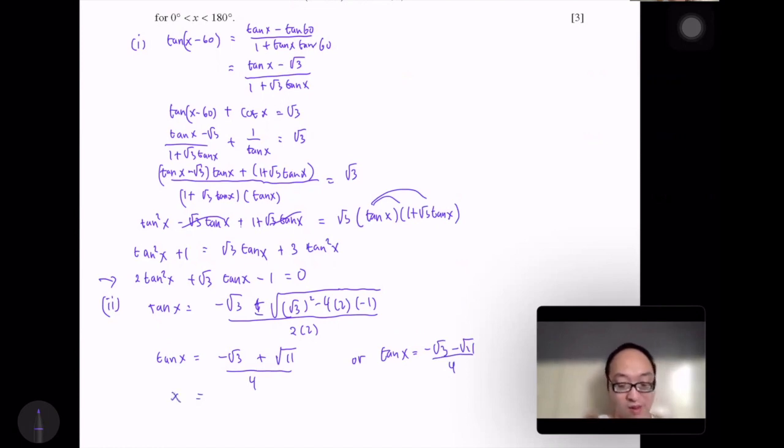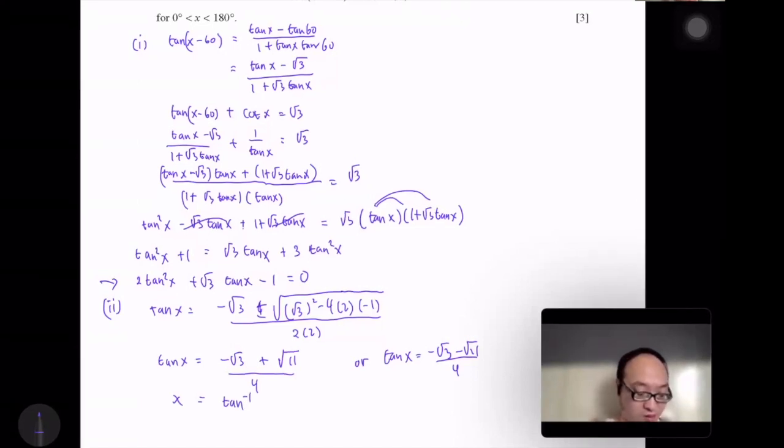For finding x, we can use the inverse tangent. Using the calculator, root 11 minus root 3 divided by 4, and then tangent inverse in degrees, equals 21.6.